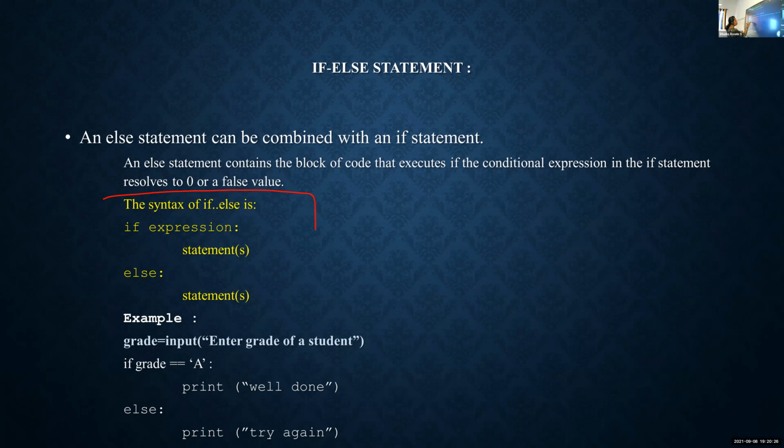If condition, after that colon, if the condition is true, it will execute the statement just after this if. Then, if the condition is false, the control moves to the else part. After else, you want to place one colon. So if the condition is false, the control moves to else and it will execute the statement just under else.